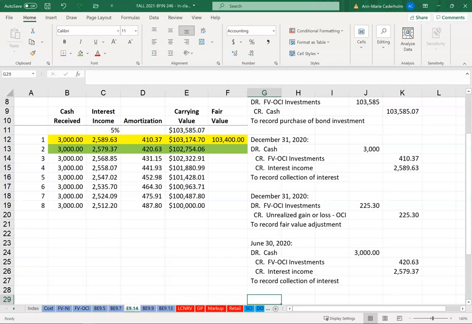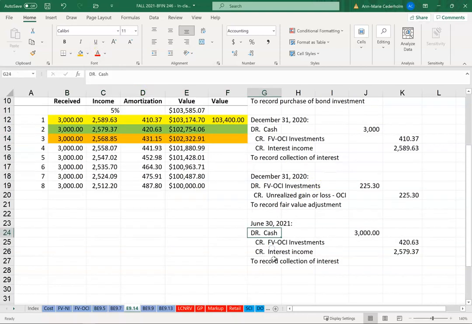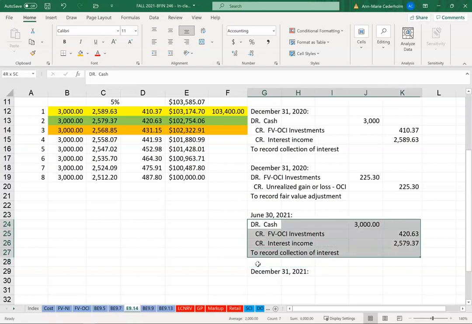And then December 31st rolls around of 2021. Sorry, this should say 21. So now I have to record this one. I'll put that in orange. So December 31st, 2021, let's just repeat this journal entry. I'll just copy it to save myself some time.